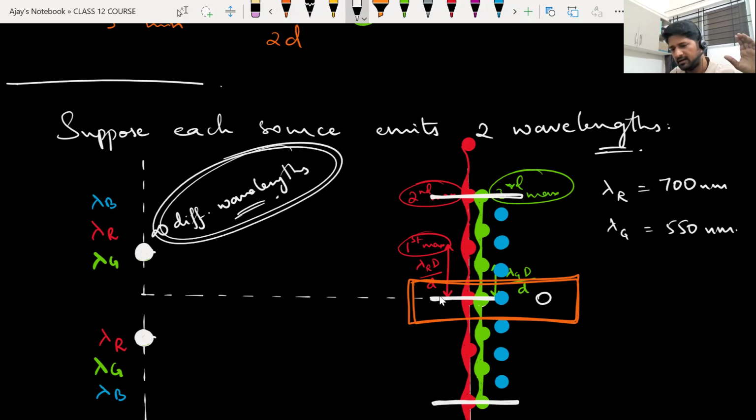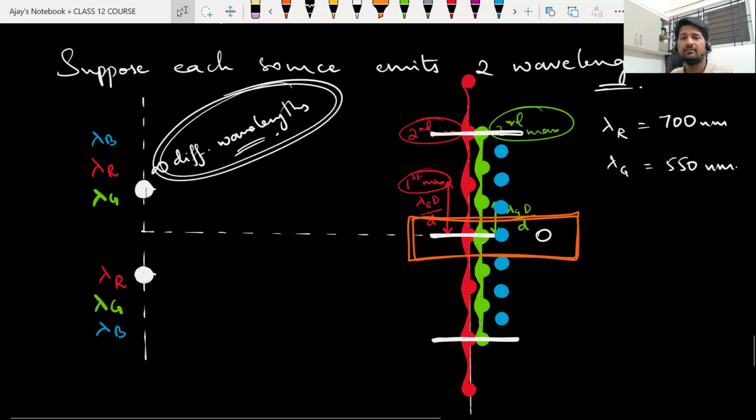So if the sources emit white light, you can assume them to be emitting 7 different wavelengths. Actually, it is infinite different wavelengths, but you can take it as a combination of 7 also. If you add those 7, you will see white.